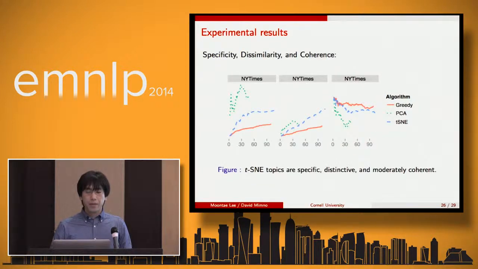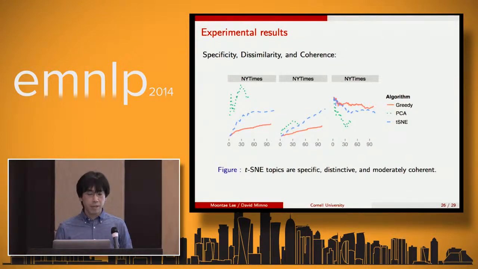And there are 3 different measures: specificity, dissimilarity, and coherence. For this slide, I'm explaining only the New York Times data set. Specificity measures how far our topic is from the corpus distribution. If the number of topics is not enough or the inference is inferior somehow, then topics are likely to imitate the corpus distribution.